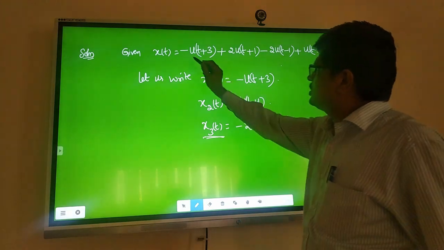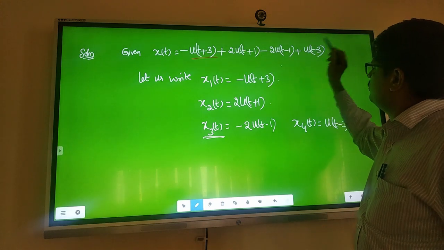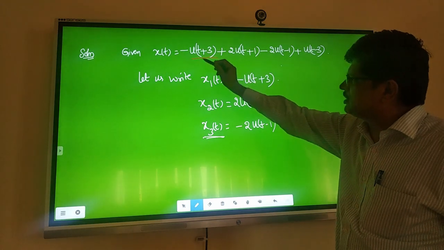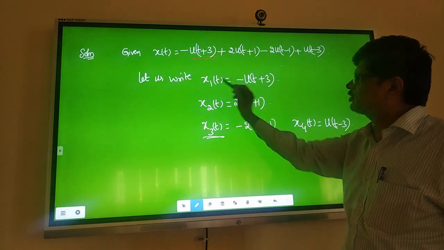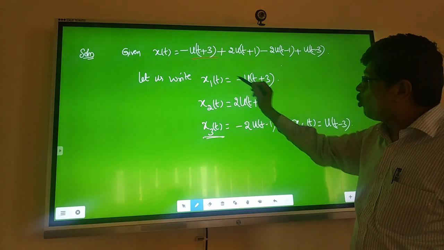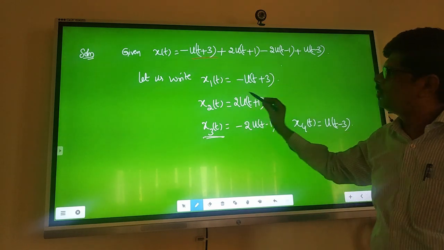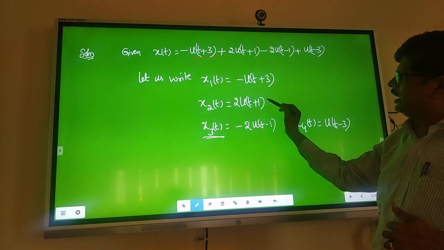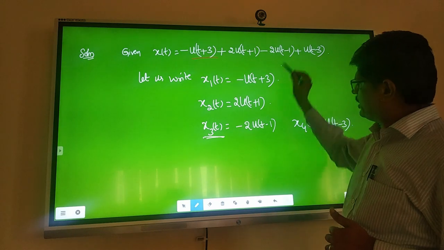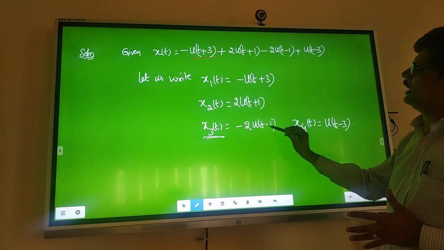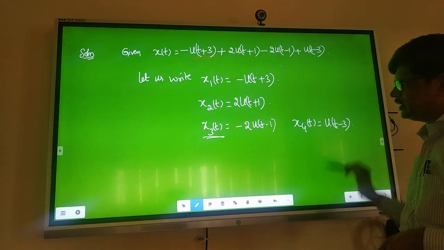I want four waveforms, so let me split this as x1, x2, x3, x4. x1 of t is equal to minus 1 into u of t plus 3. x2 of t is 2 into u of t plus 1, advanced by 1. Then x3 of t is equal to minus 2 into u of t minus 1, delayed by 1 second. Lastly, x4 of t is u of t minus 3, delayed by 3 seconds.